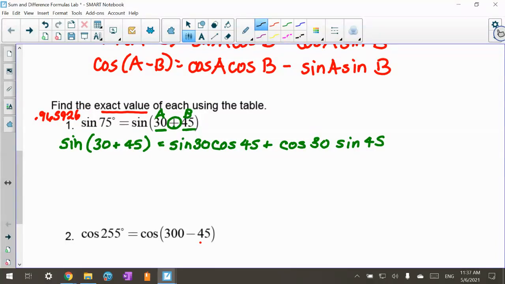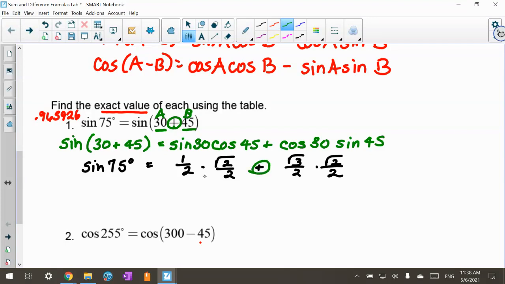So I've got the sine of 75 because that's what we're really looking for, the exact value. And the sine of 30 we know is 1/2. And the cosine of 45 is radical 2 over 2. Plus the cosine of 30 is radical 3 over 2, times the sine of 45, which is radical 2 over 2.